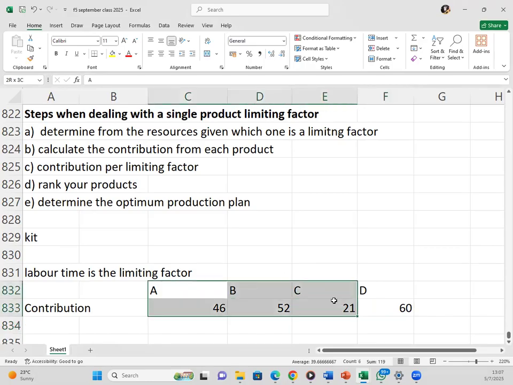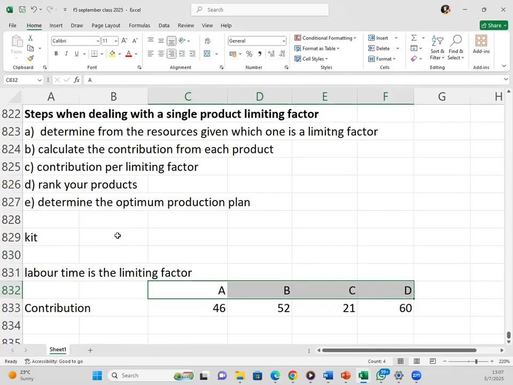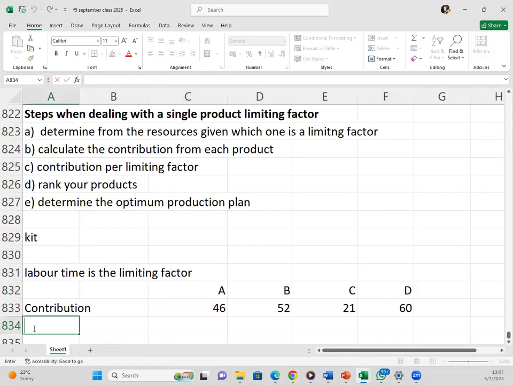So the first step is to work out our contribution. Our second step, rather, is to work out our contribution. Then the next step is the contribution per limiting factor.